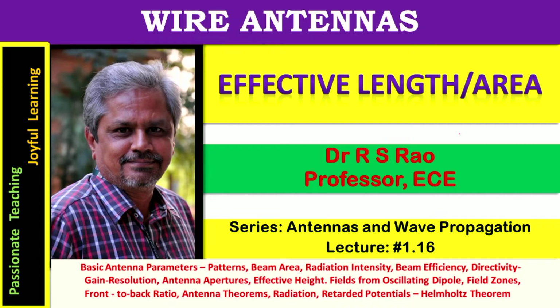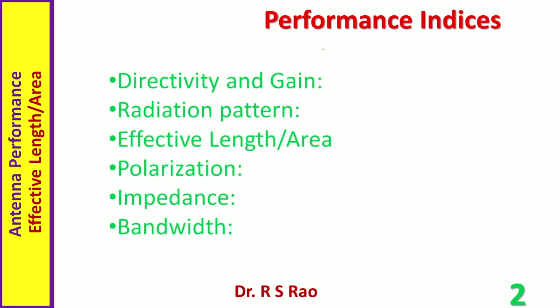In addition to these two, we also consider some more aspects pertaining to antenna functioning, like polarization. A small list of performance indicators of antennas is given here: directivity, gain, power gain, radiation pattern, effective length, area.